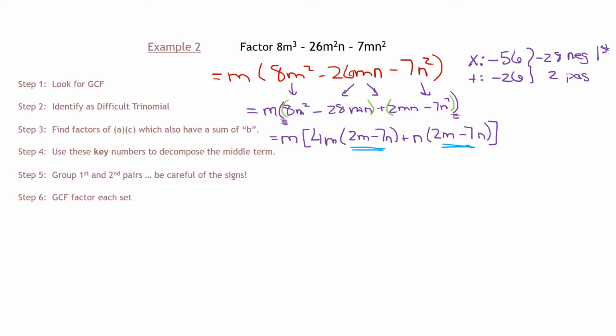So let's continue with, I've got my greatest common factor of m here. And I have my square bracket. So I'm going to pull out that common factor bracket set of 2m minus 7n. When I pull that out of this term, I'm left with a 4m. When I pull it out of the second set, I'm left with a plus n.